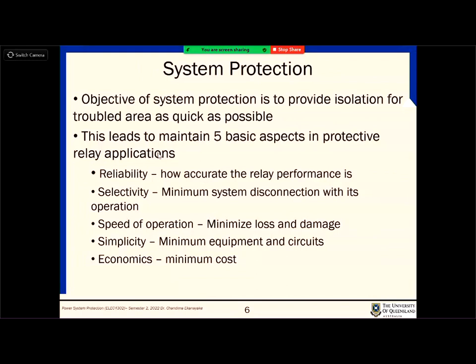So when you are looking at these protection systems, one of the important things that you need to understand is that the protection relays cannot foresee the event and protect the device. You can't do that, right?